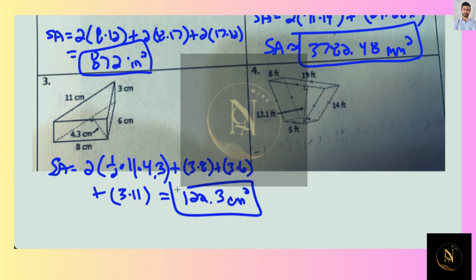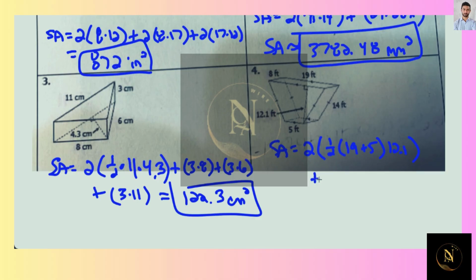And finally we have a trapezoidal prism. The surface area would be equal to, let's hit out the trapezoids right away. These trapezoids, we've got two of them. To calculate the area of a trapezoid is 1/2 times the sum of the bases. The bases would be 19 and 5. You add those together and multiply by the height, which is 12.1.